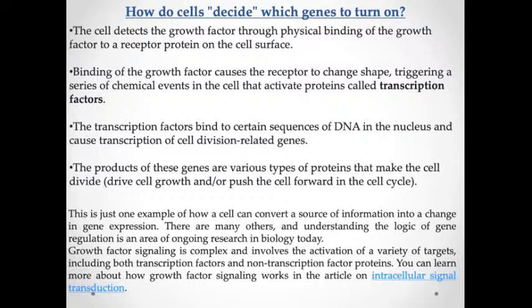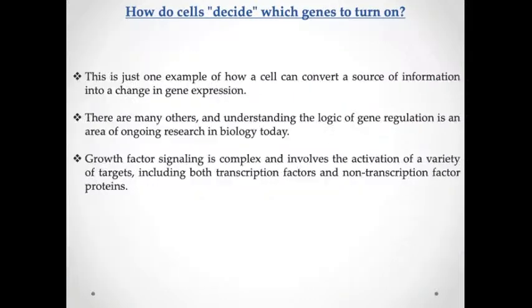Binding causes the receptor to change shape, triggering a series of chemical events in the cell that activate proteins called transcription factors. These transcription factors bind to certain sequences of DNA in the nucleus, causing transcription of cell division genes. The products of these genes make the cell divide further.